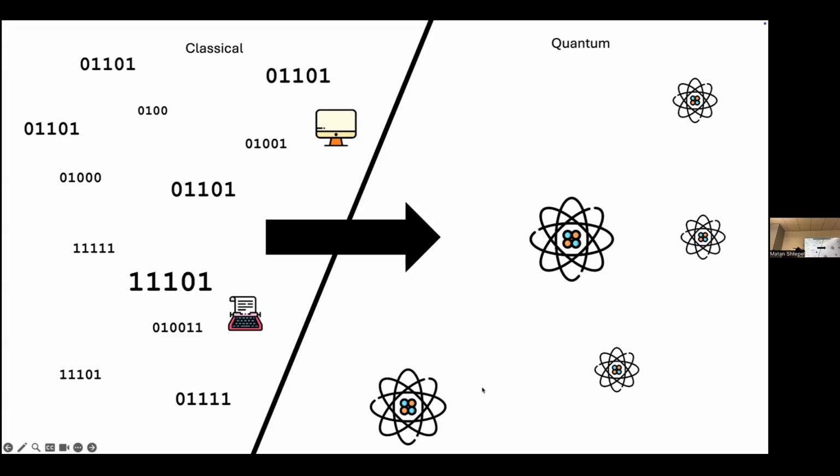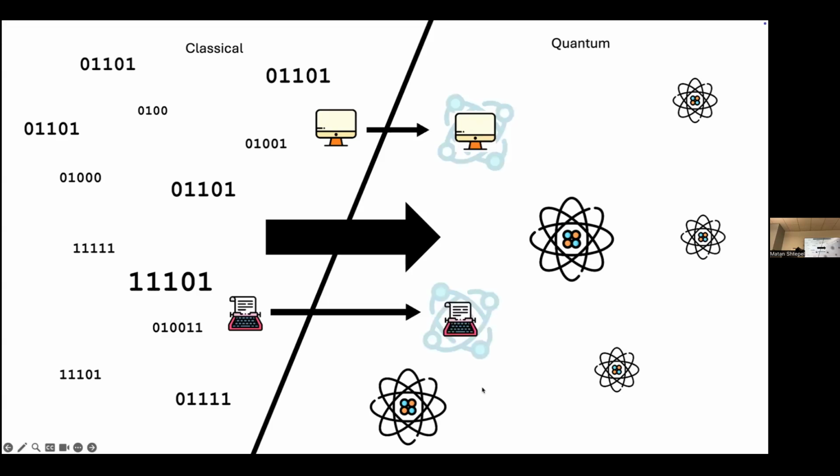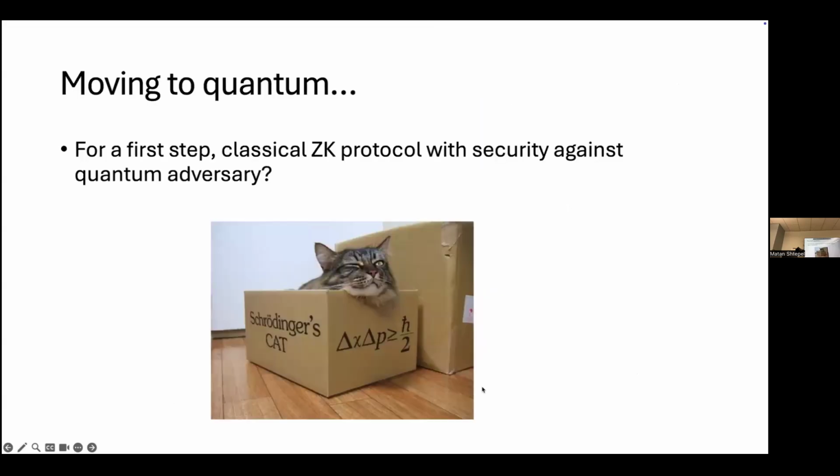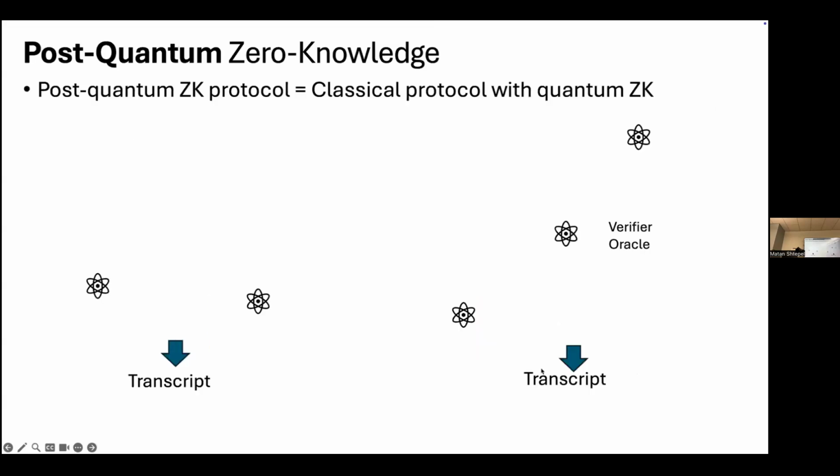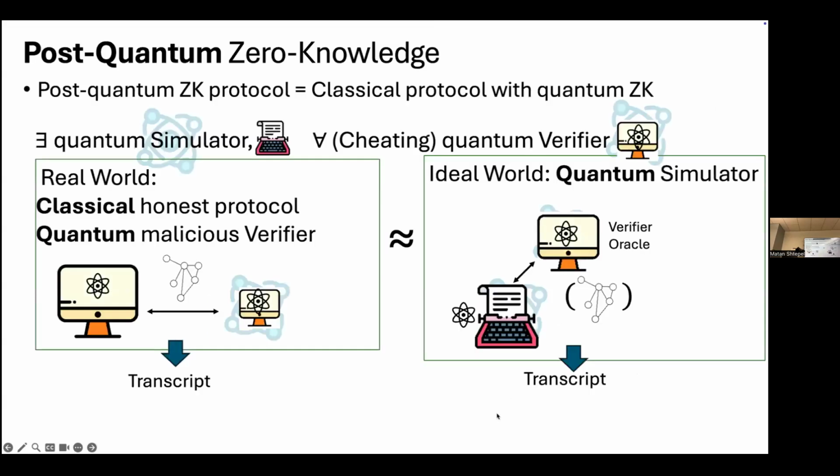Okay, so let's move to the quantum world. At the first step, something to ponder over is: for classical zero-knowledge protocols, are they still secure against quantum adversaries? I guess that's something cryptographers would care about in the first place. And how do we define zero-knowledge protocols secure against quantum adversaries?